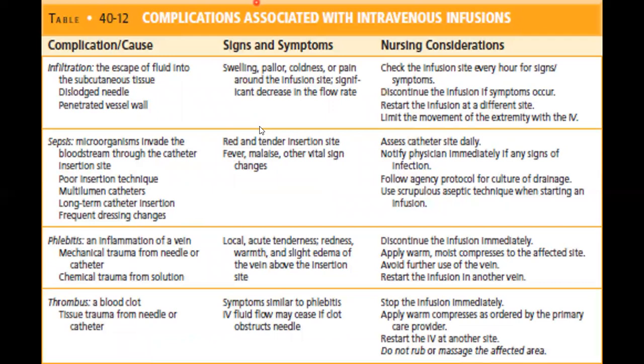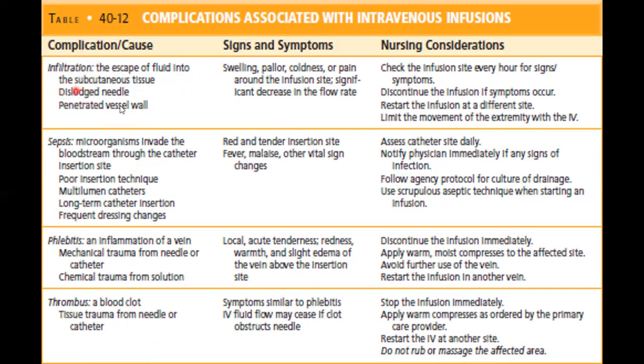Complications that are associated with intravenous fluids. I would like all students to read through this. There can be what is called infiltration, where there's escape of fluid into the subcutaneous tissue. When you say the cannula is tissued, what is happening there is infiltration.